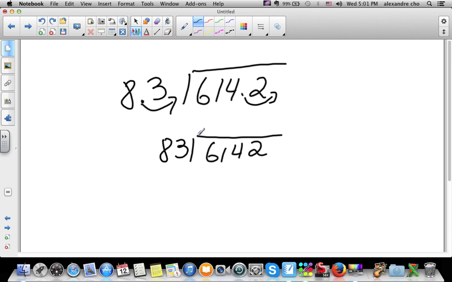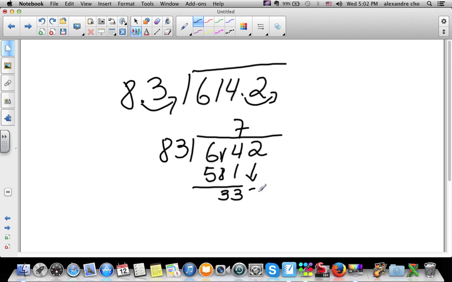So 83 goes into 614, I'd say about 6 times, 7 times, I'd say. So let's put a 7 over here. 7 times 3 is 21, goes 2, 56, 58. That seems to work out. 4 minus 1 is 3. 11 minus 8 is 3. And this is going to be a 0 because it borrowed.